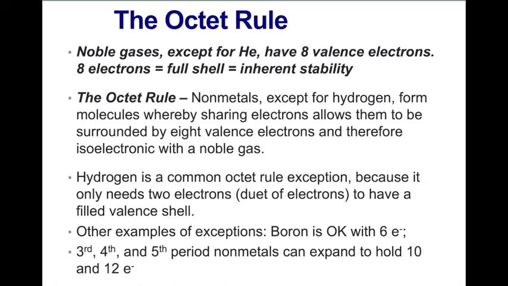Hydrogen is a common exception because it is so common in so many molecules. It can only hold a duet, or 2 electrons, in the 1s orbital. Then it's full and stable. There are some other exceptions we'll mention. Boron, for example, is fine with 6 electrons, and some of the larger nonmetals can hold up to 10 and 12 electrons.